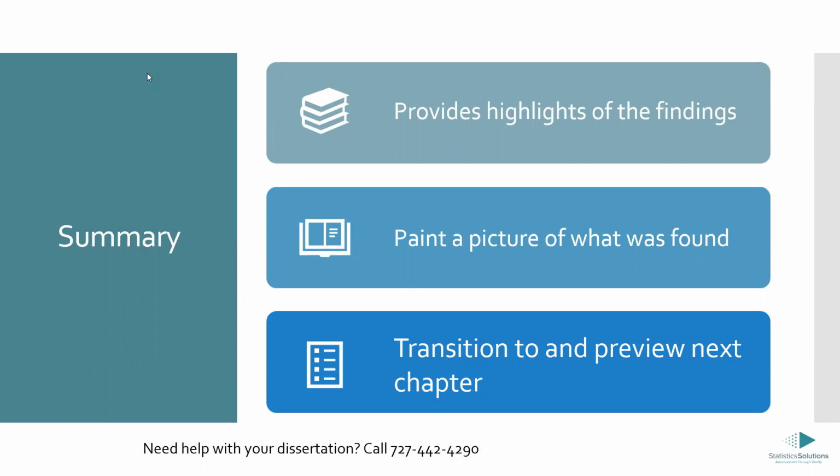Oftentimes, this is where you're presenting the findings, and then next you'll dig into what it really means and some of the really interesting things that came about through the analysis in the study that you have done. So get the reader excited to continue.